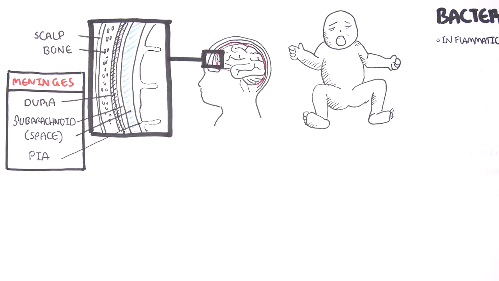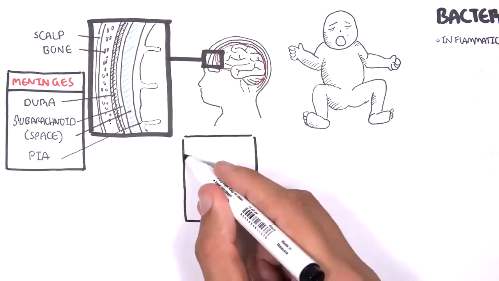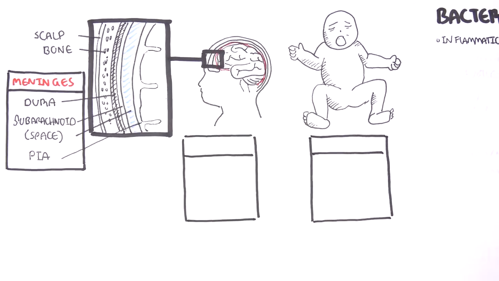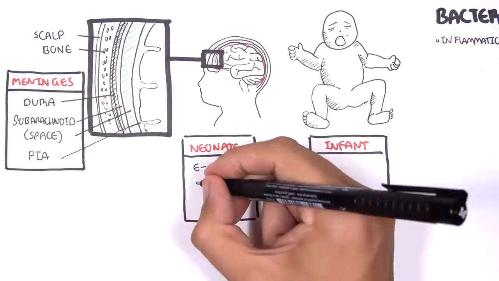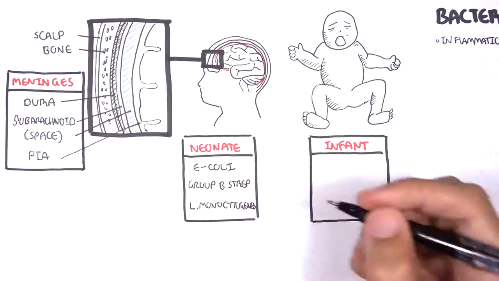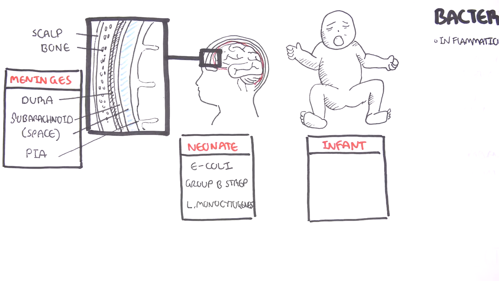So what are the causative agents? Well, let's look at the common causes in neonates and in infants. Common causes of bacterial meningitis in the newborns, in the neonates, are E. coli, group B streptococcus, and Listeria monocytogenes. Now, group B streptococcus and E. coli essentially can be obtained from the mother during the delivery, when the baby is delivered through the vagina.